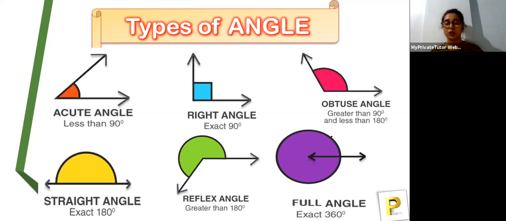Carefully understand it. First is the acute angle, which is less than 90 degrees.